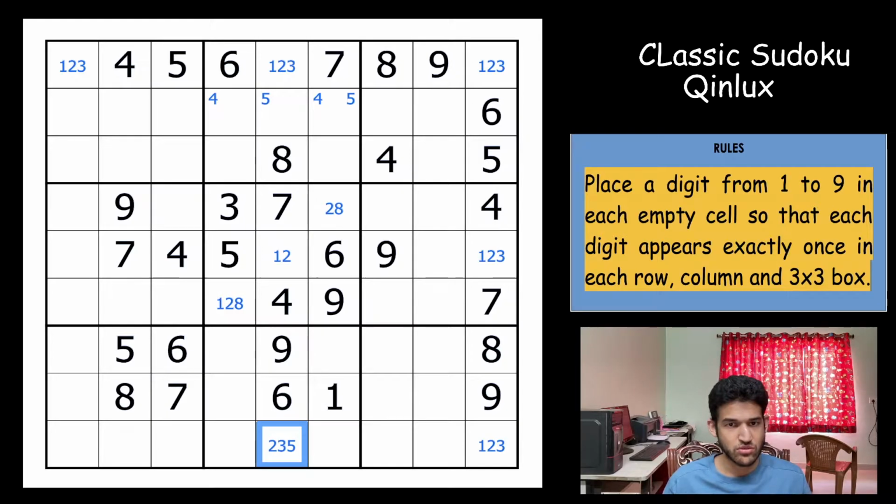Okay, so what have we got here? Look at this cell. Whatever goes here in row 1 must either go into this cell or this cell. And in column 9, whatever gets here must go into this cell or this cell.